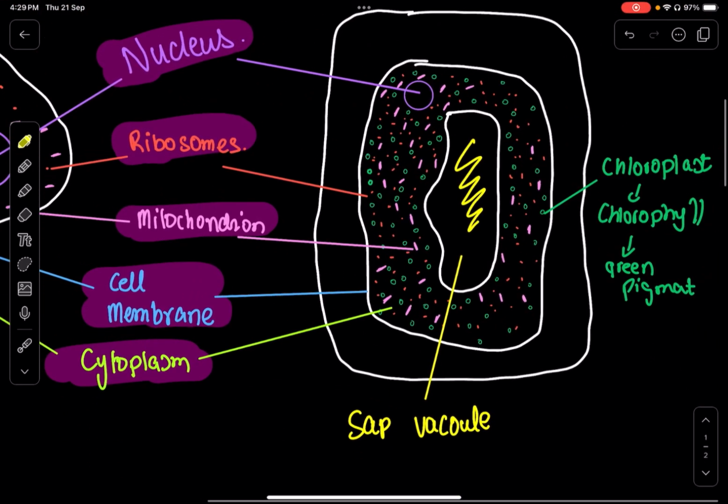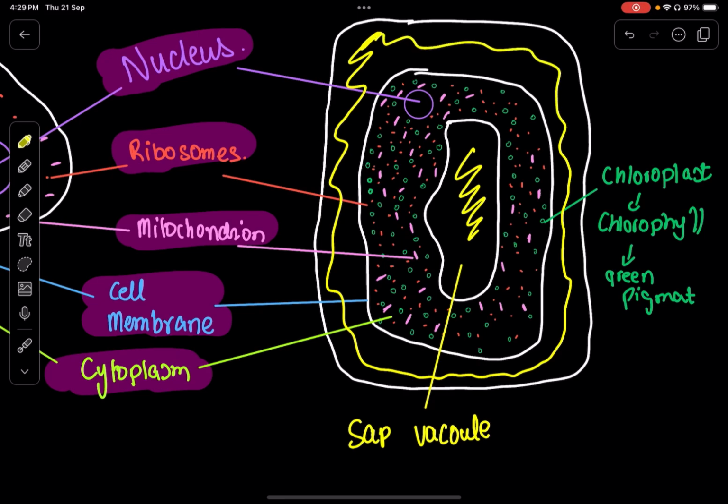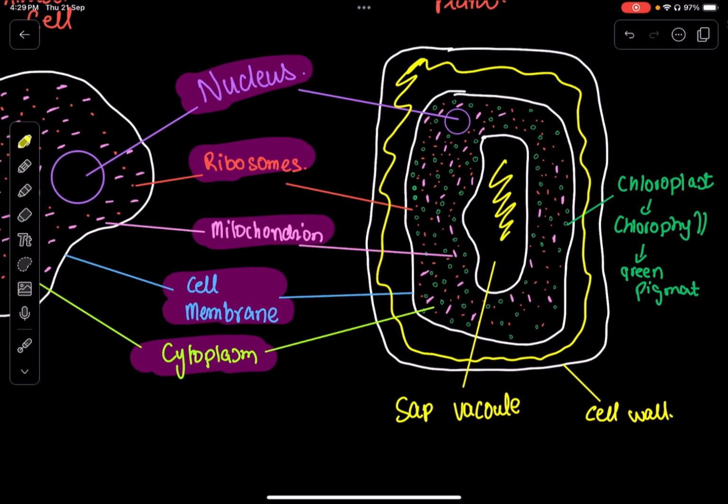And then this thing right here, you might see this wall type thing. This, my friend, is called cell wall. Okay, simple as that.